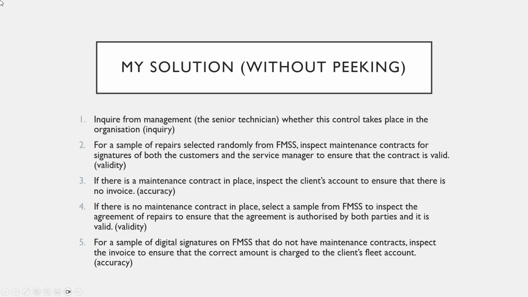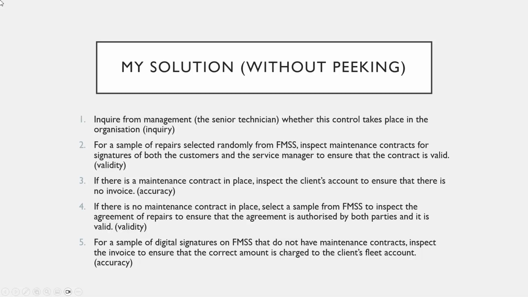Let's see how well we did. So this was my solution that I drafted when I went through this paper. So I inquired from management, who's the senior technician, whether this control takes place in the organization. So this is inquiry. On its own, doesn't stand.